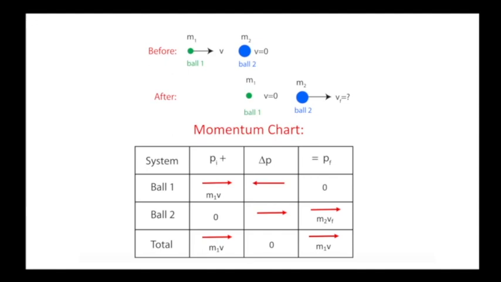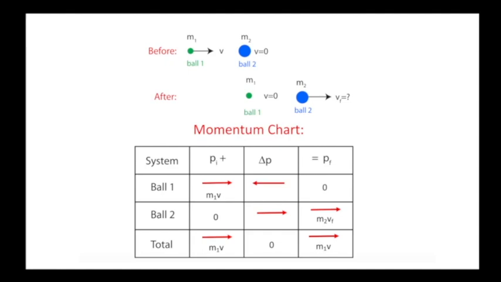Ball 2, we have delta p that we also are looking for. This one I think is even easier. I start with 0 and I get to this, so the change must just be whatever this is, right? Whatever momentum it has at the end is whatever its change was. But we also could have approached getting delta p for ball 2 a different way, because now we had the top row and the bottom row, right?